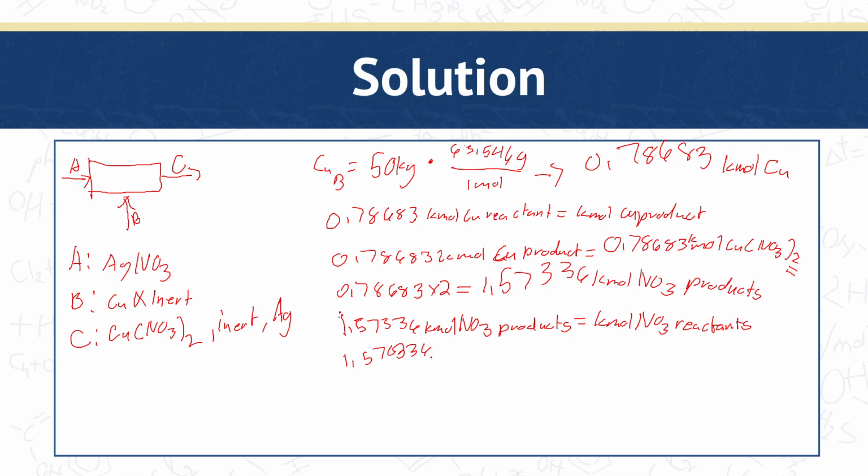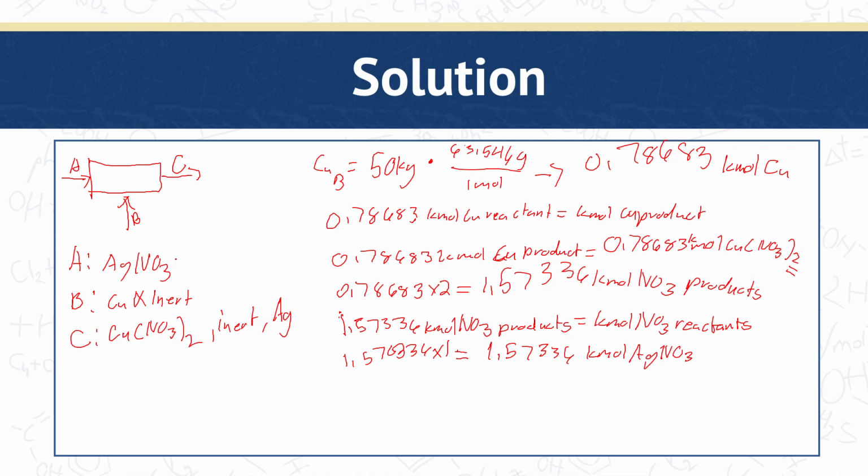So we times it by 1, technically 1 over 1, but in this case we simplify to 1, cancelling out kilomoles of nitrate into kilomoles of silver nitrate. So we result in 1.57336 kilomoles of silver nitrate. This is your kilomoles of silver nitrate inside your reactant.